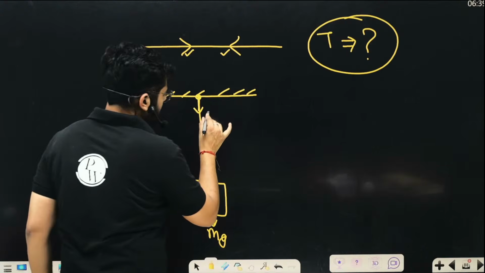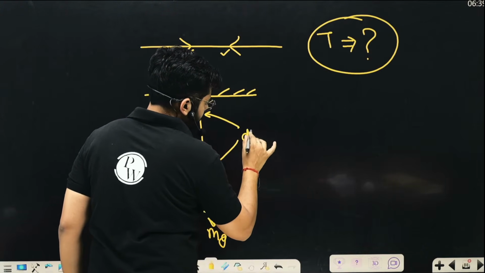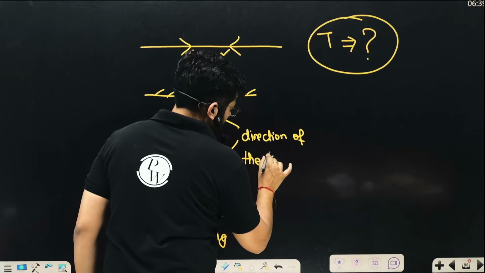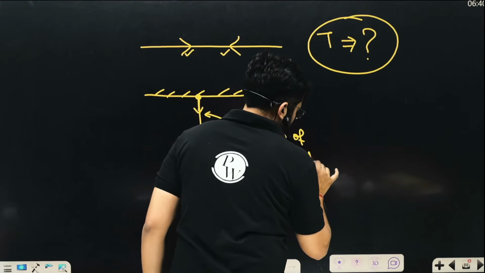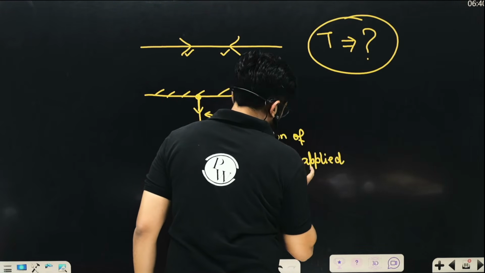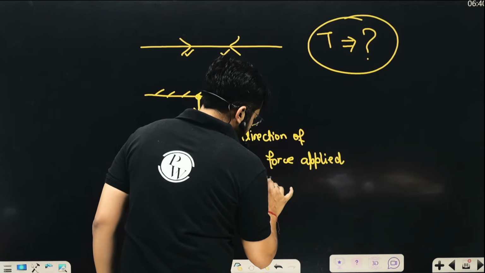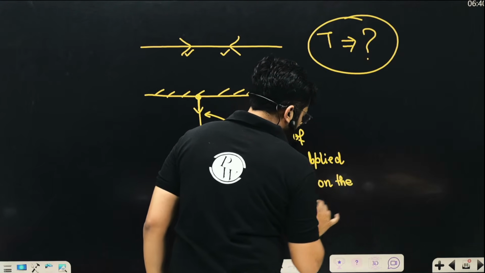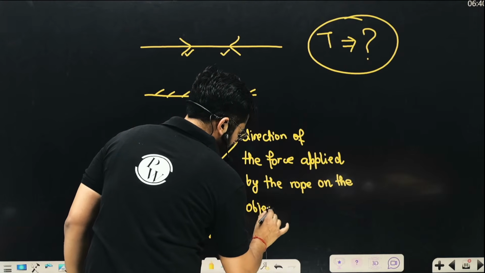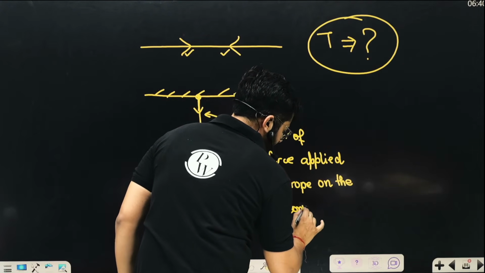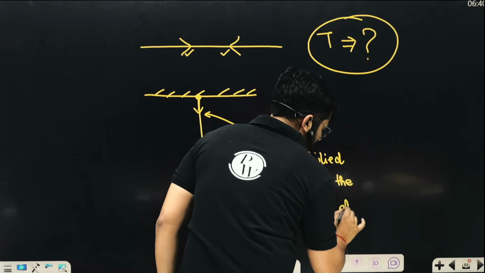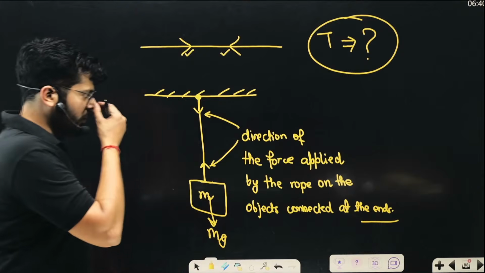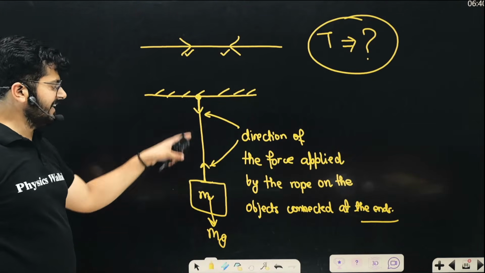These are the directions of the force applied by the rope on the objects connected at the ends. I hope the idea is very clear, right? Direction of the force applied by the rope on the objects connected at the end.